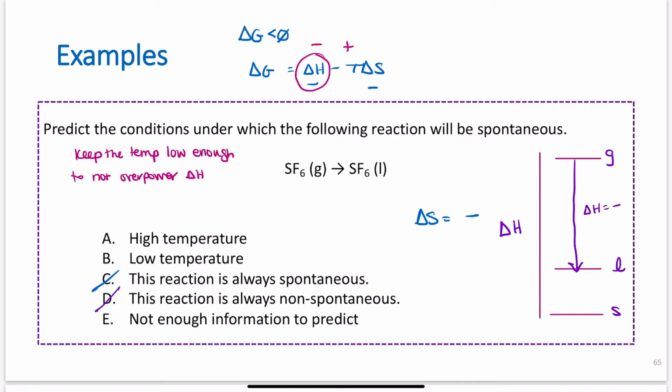So it's not spontaneous? It's not enough information? There is enough information. Delta H is in fact negative. Delta S is also negative. So this will be valid at low temperatures, so that the temperature times your entropy value is not powerful enough to overcome your delta H.